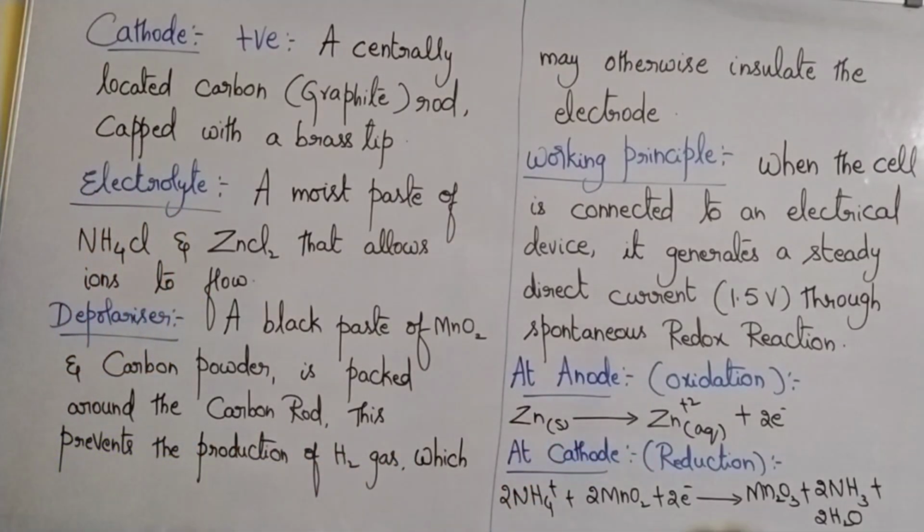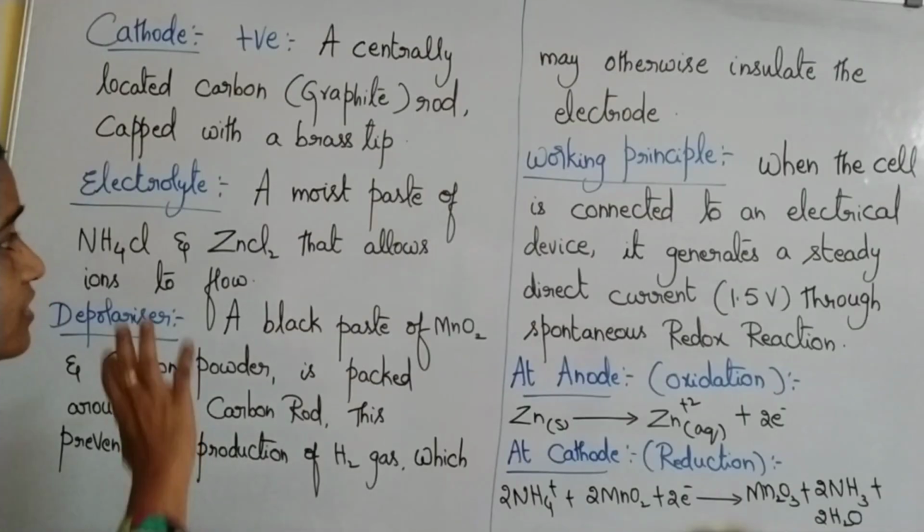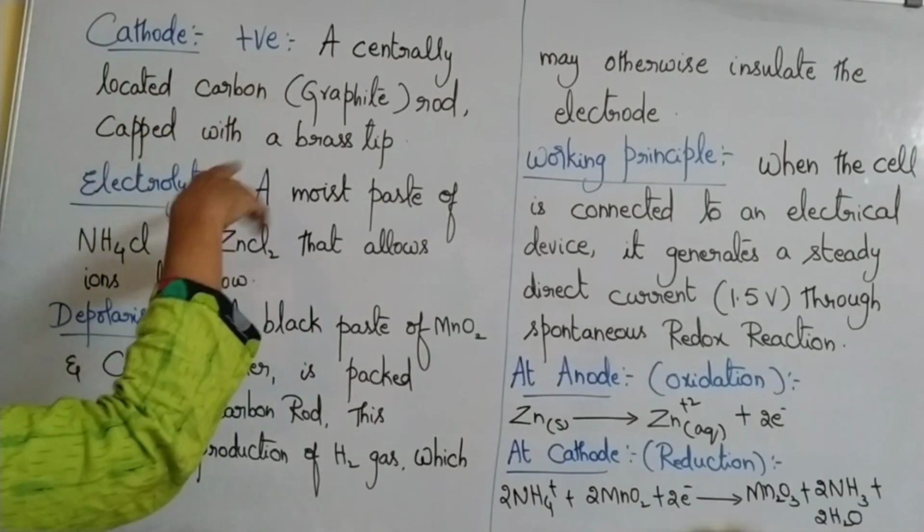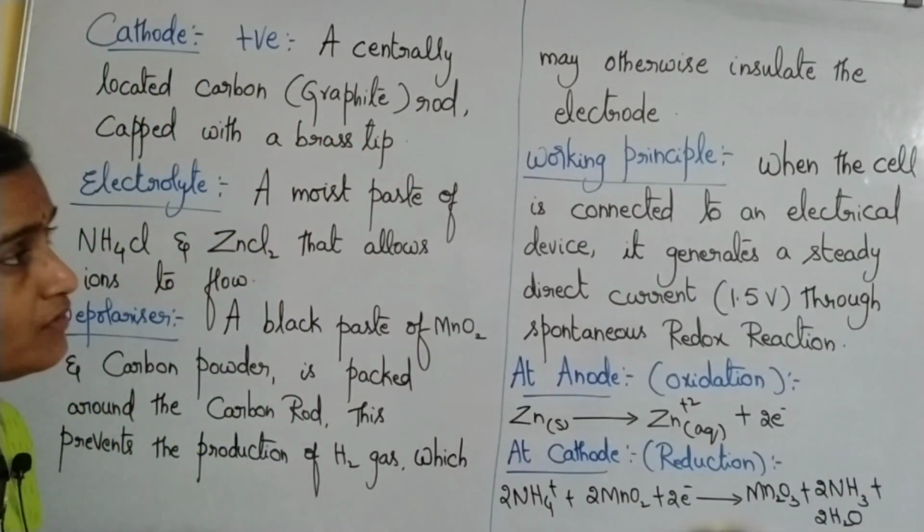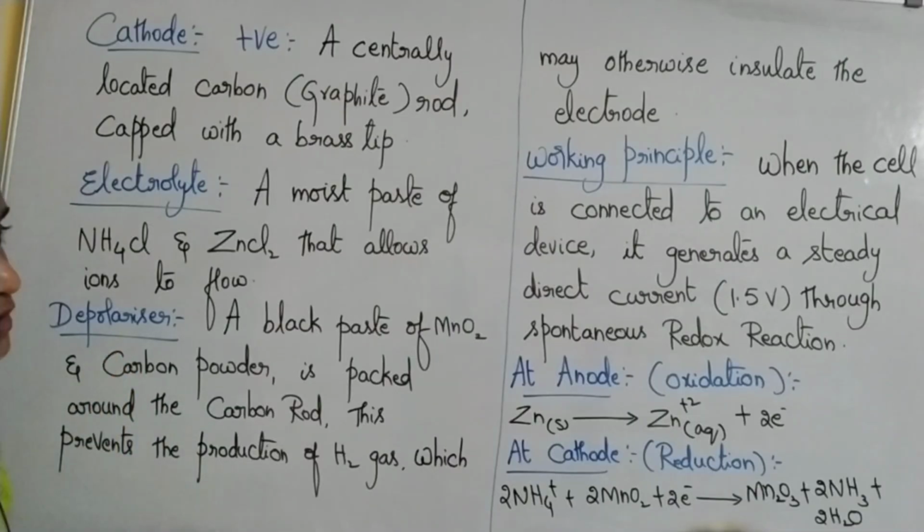If that hydrogen gas is released, it may insulate the electrode so that electron flow can be stopped. So to depolarize that, a black paste of manganese dioxide is surrounded around the brass tip, around the graphite rod. So this is called as depolarizer.